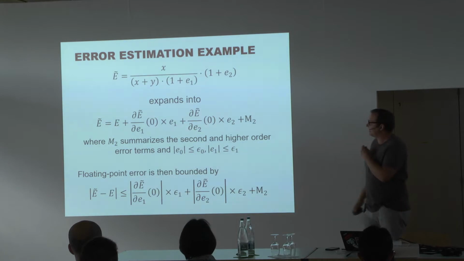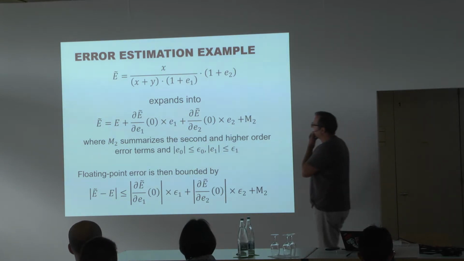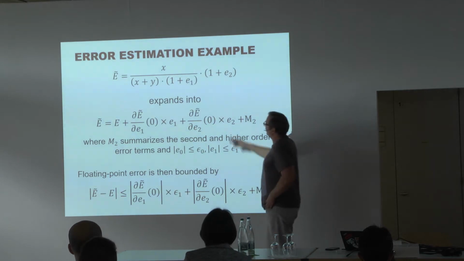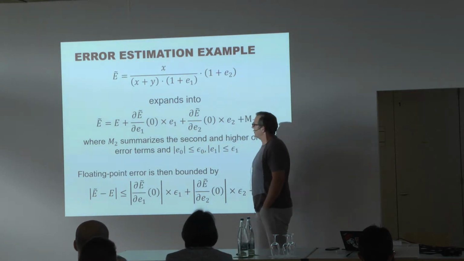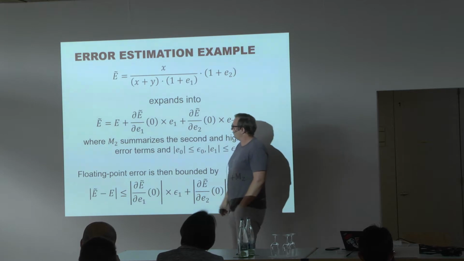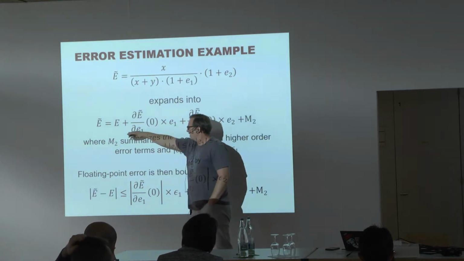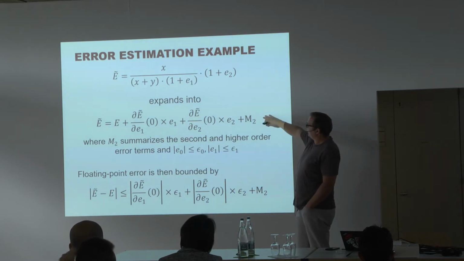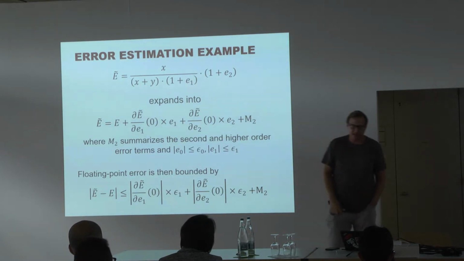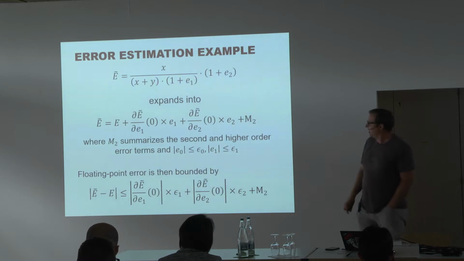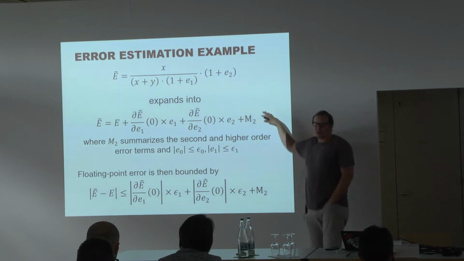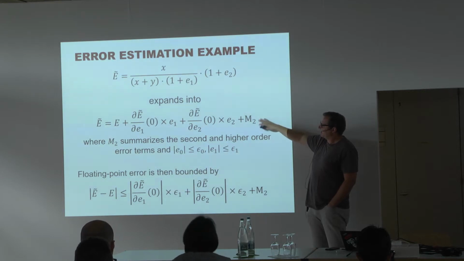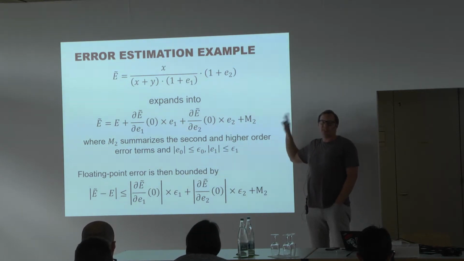Okay, coming back to our example, let's see what Taylor forms look like. This is our function that captures the error, and when we perform Taylor expansion, it expands into this. This M2 here summarizes the second and higher order error terms. This number is going to be really tiny, so we can perform some simple analysis on M2 to overestimate it.